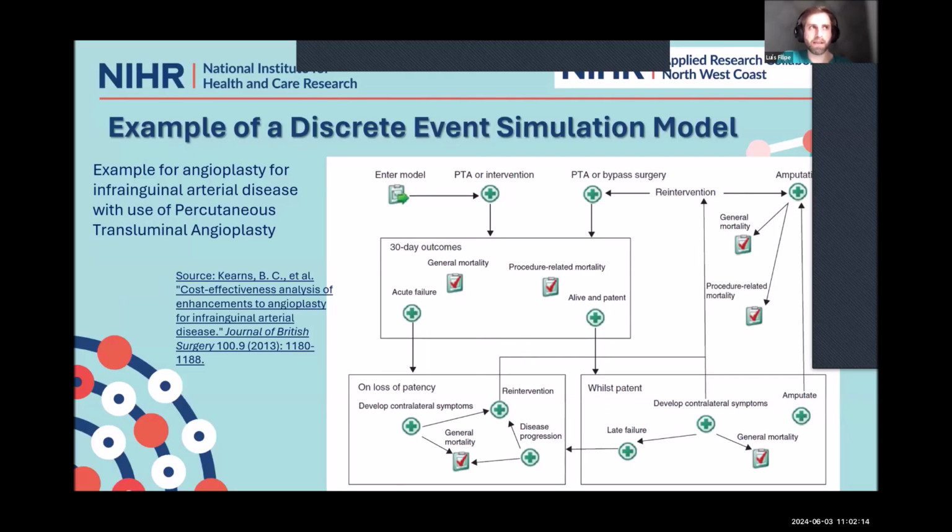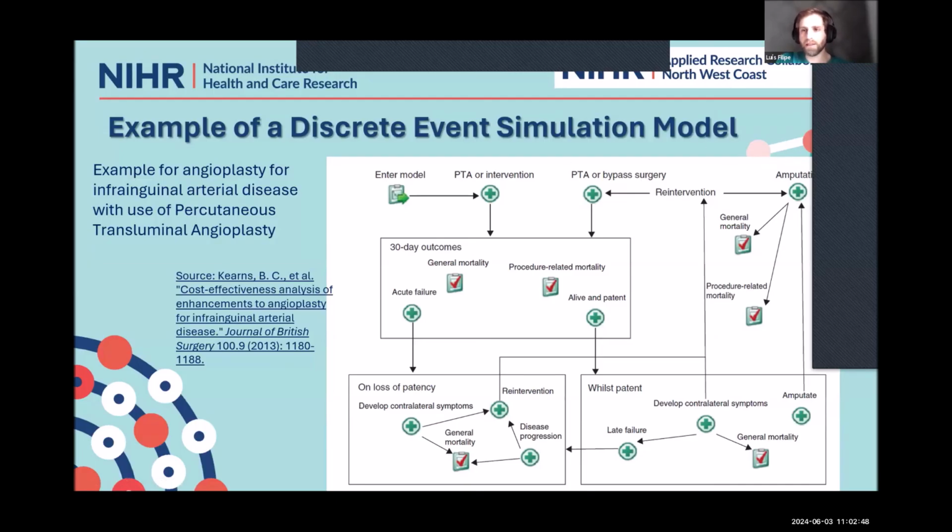And someone is fine, then that person gets cancer, that person gets cured. But after that person getting cured, we know, and correct me if I'm wrong, that people who had cancer before have a higher chance of getting cancer again. So you need to change the probability. So you need the model to remember that that person already got cancer. So sometimes you can do that in a Markov model by adding some more states, but most of the times when things start getting complicated, you go for a discrete event simulation.